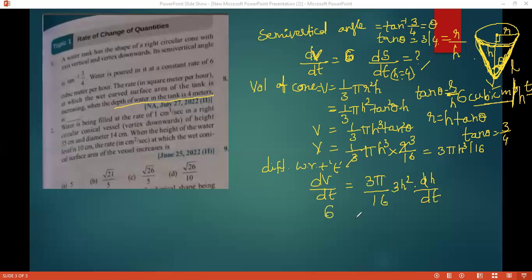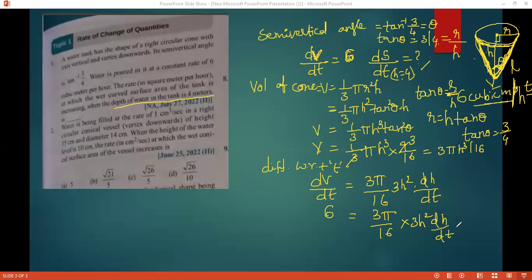So 6 is equal to 3 pi by 16 into 3h square into dh by dt.